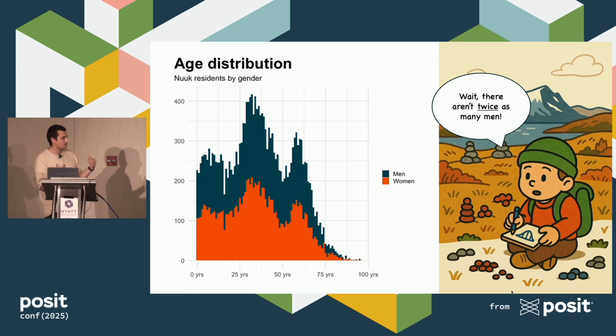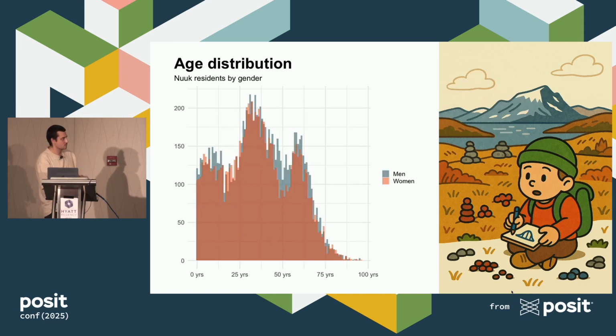But I can understand why people think that, because they look at one point where the peak of the red histogram there is only halfway of the men. So having learned that, when I showed it to other people, I tried to draw a graph that looked like that instead, where instead of being on top of each other, I show them in front of each other like this, so they're easier to compare.